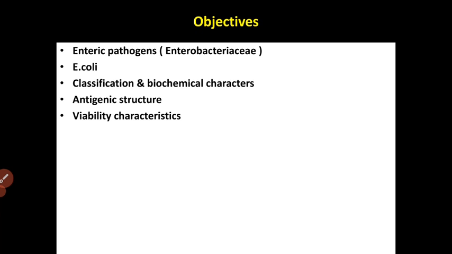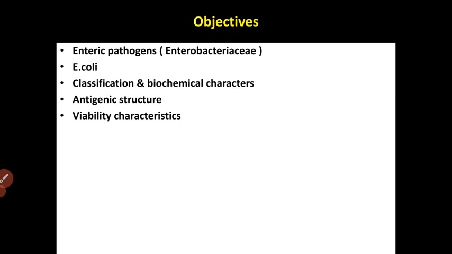Now in bracket here in objectives I have given in bracket Enterobacteriaceae. This is a family. This is a large heterogeneous group of medical importance, and it is a gram-negative enteric bacilli that exhibits morphological and biochemical similarities, and so they are grouped together in a large and complex family which is Enterobacteriaceae.